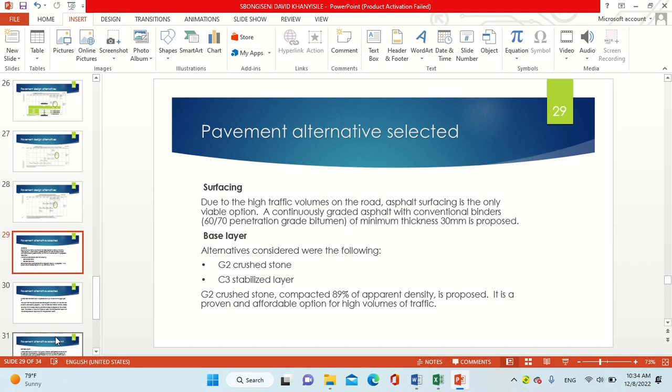A continuously graded asphalt with conventional binders, with a minimum thickness of 30 mm, was proposed. For the base layer, the alternatives we considered were the following: G2 crushed stone, a C3 stabilized layer, and G2 crushed stone compacted to 89% of density, which was proposed.